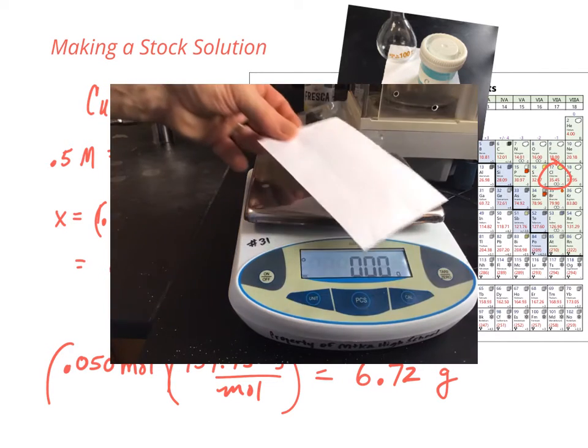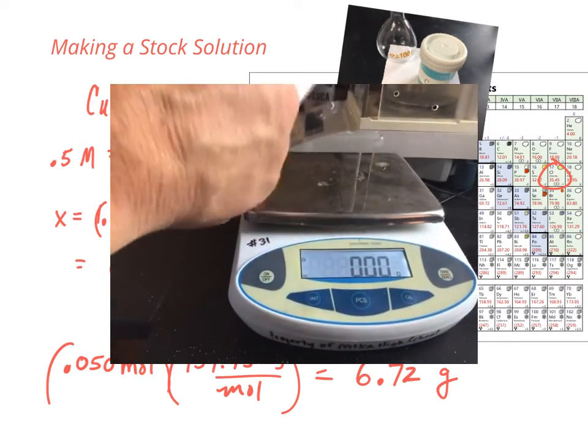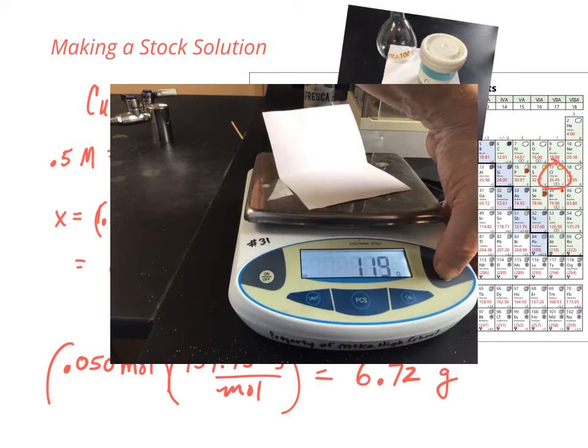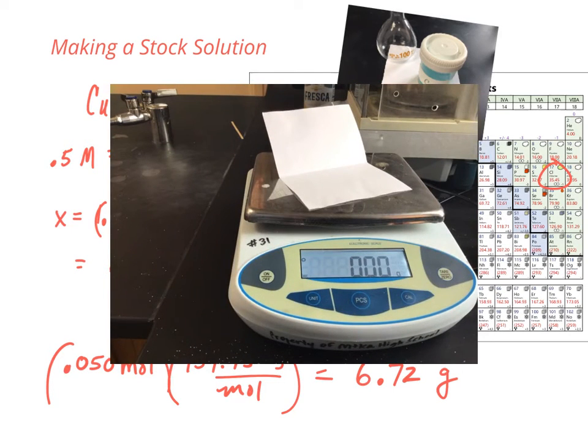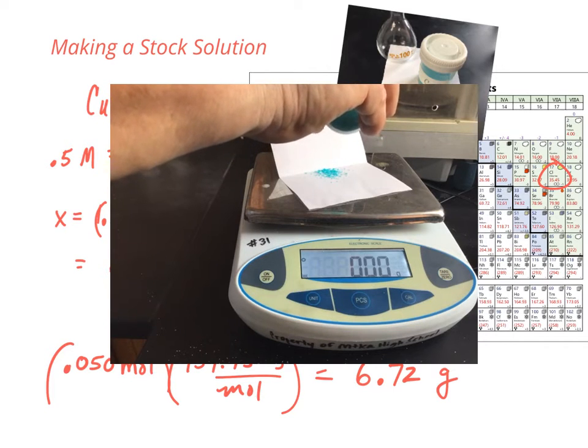Okay, we're going to weigh that out onto a piece of weighing paper. First what I'm going to do is put a crease in it, and then I'm going to put it on the scale, hit zero or tare, and try to get as close to 6.72, actually as precisely as possible, 6.72 grams.